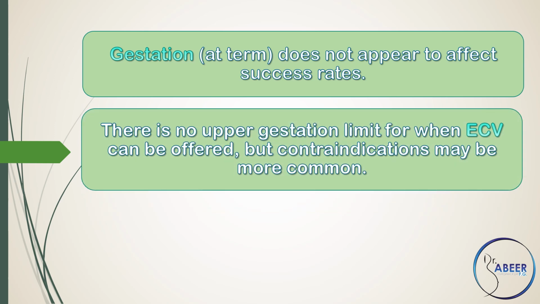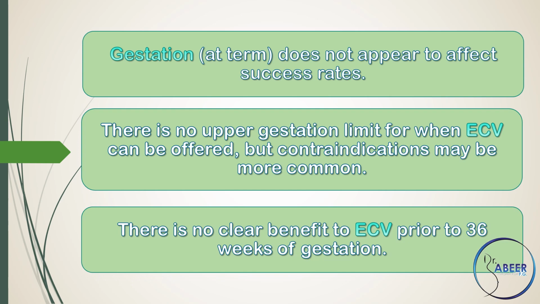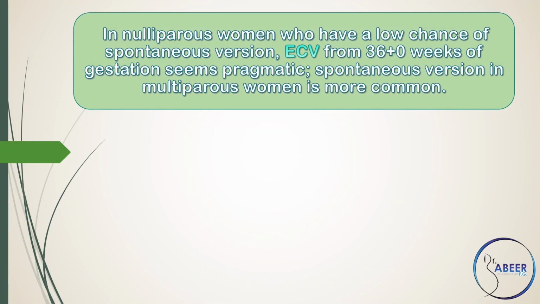There is no upper gestation limit for when ECV can be offered, but contraindications may be more common. There is no clear benefit to ECV prior to 36 weeks of gestation. In nulliparous women who have a low chance of a spontaneous version, ECV from 36 plus 0 weeks of gestation seems pragmatic. Spontaneous version in multiparous women is more common.